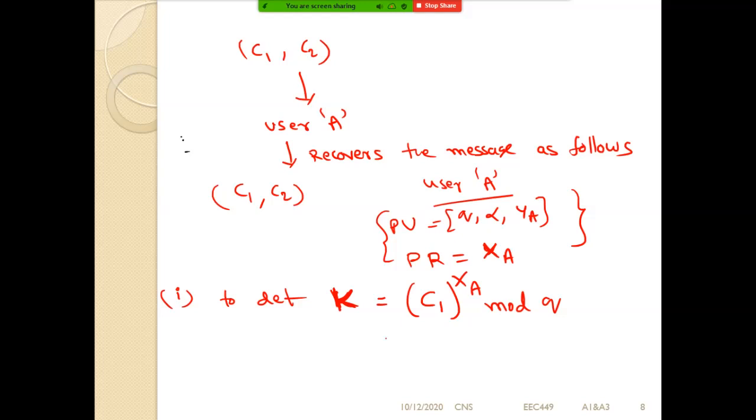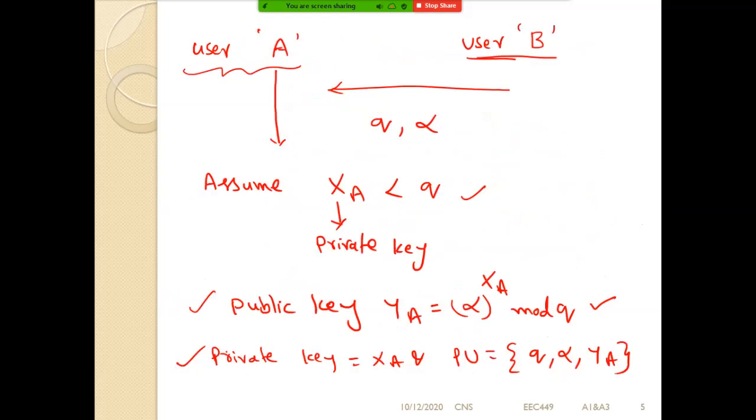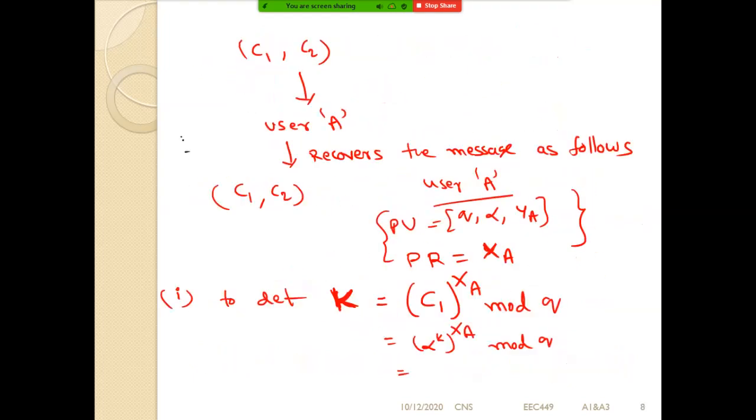Now, how can we get capital K? See, we know C1 is equal to what? C1 was alpha power small k mod Q. And we know what YA is here: alpha power XA. So when I replace alpha power XA by YA, it comes as YA power k mod Q. Is it correct?